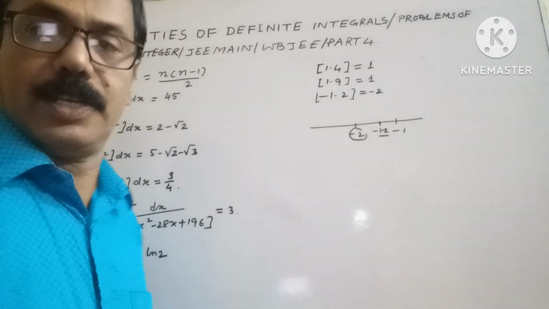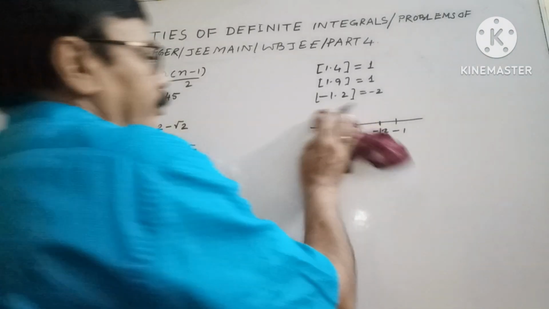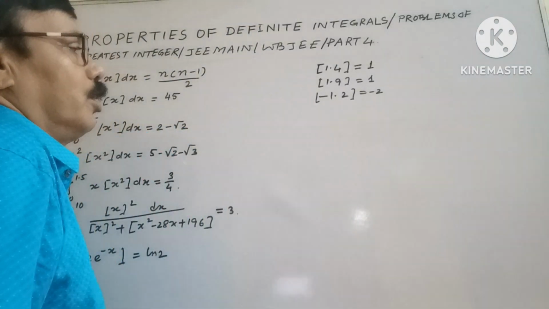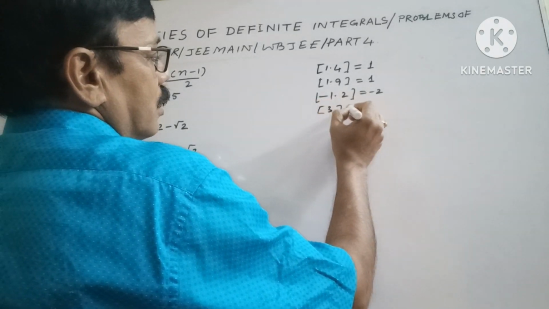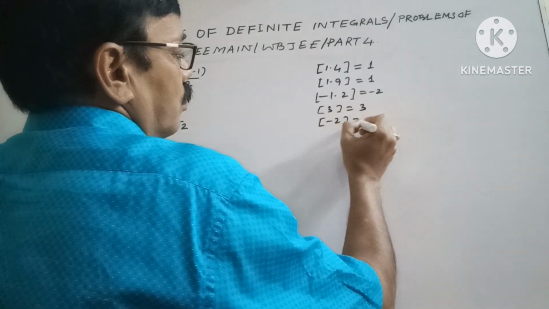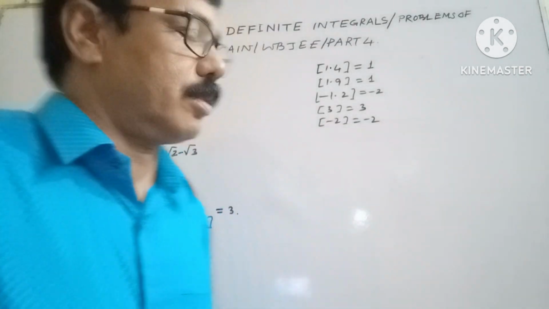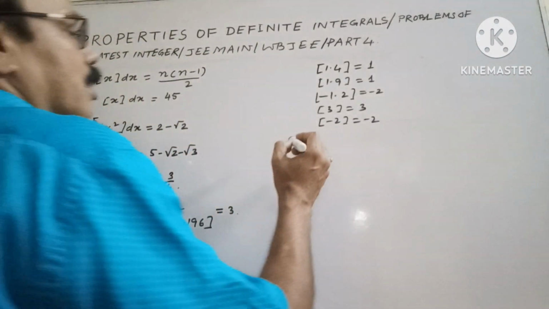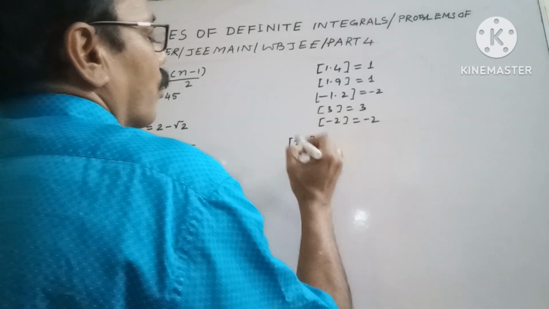So if it is negative, delete the fractional part and add minus 1. If it is an integer, then it is itself, 3. This is minus 2, then also minus 2. Not exceeding x. So the greatest integer function is denoted by the third bracket x.